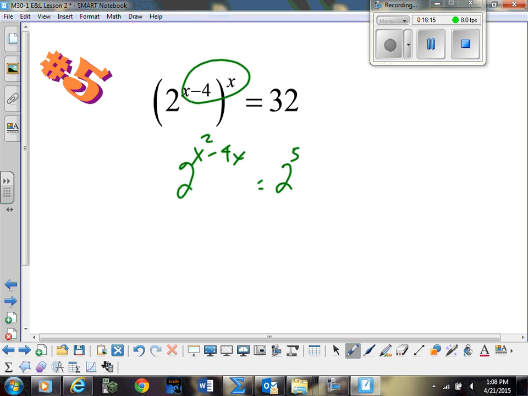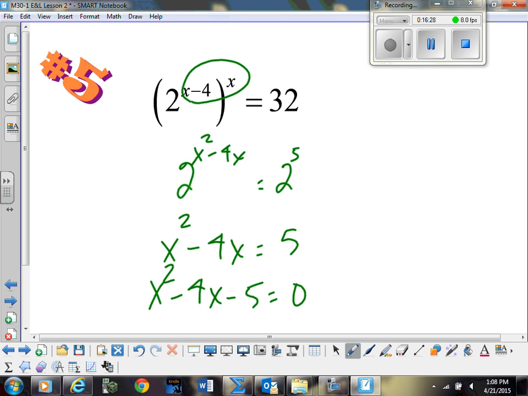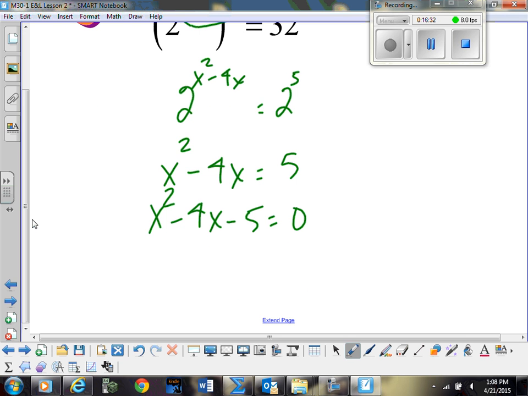Now we can still drop the base here. We have 1 power on both sides, base 2. So that means we end up having to solve a quadratic, which is absolutely no problem for you guys.